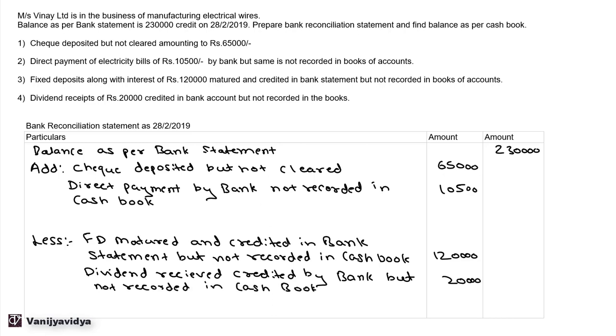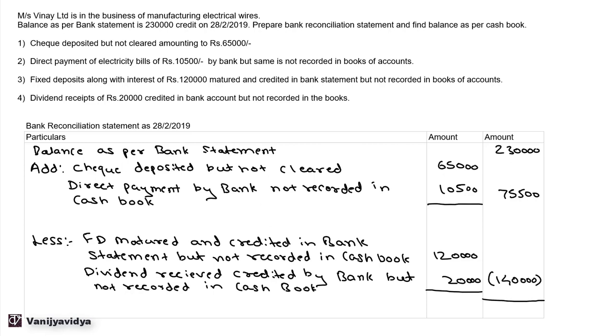Now let's complete this bank reconciliation statement and find out the balance as per cash book on 20th Feb 2019. Now 65,000 plus 10,500 is 75,500, and 1,20,000 plus 20,000, so we have to reduce 1,40,000.